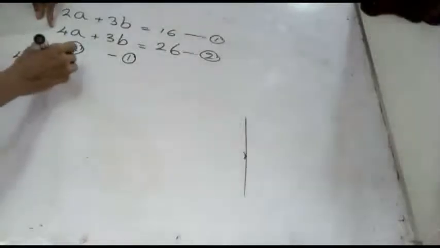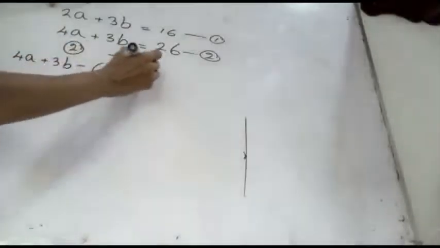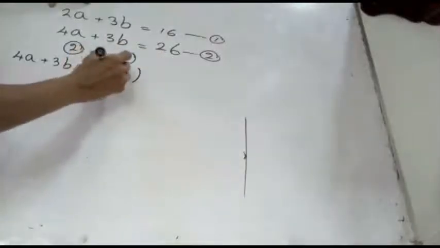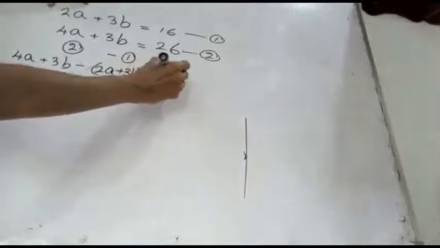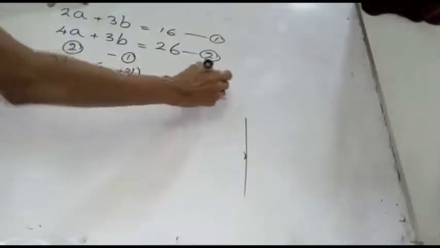4a plus 3b subtract 2a plus 3b is equal to 26 subtract 16.